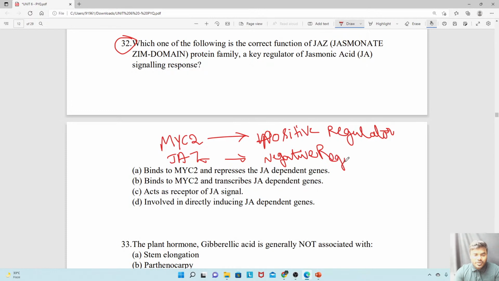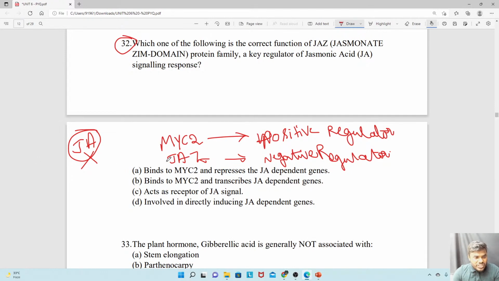Now friends, does every student understand? Suppose, for example, in the plant body jasmonic acid is not there. What happens? When jasmonic acid is not there, do you think a jasmonic acid response can be shown? No, there is no way a jasmonic acid response can be shown.